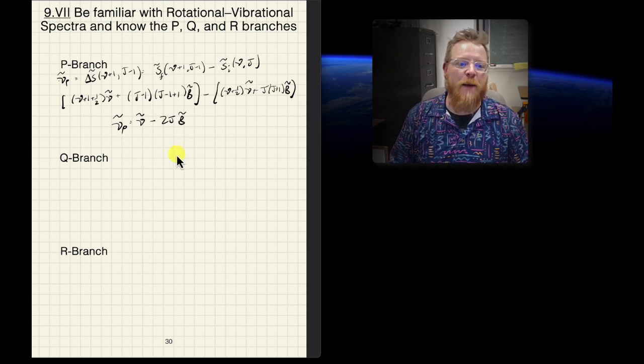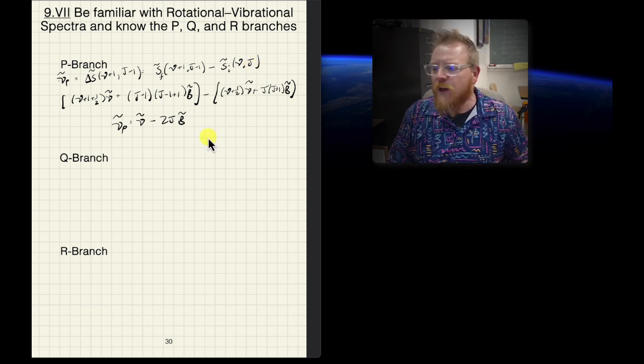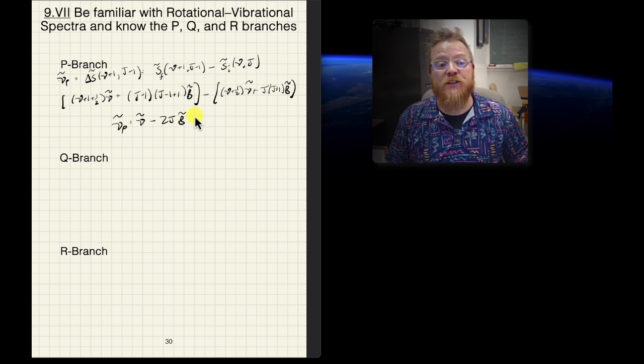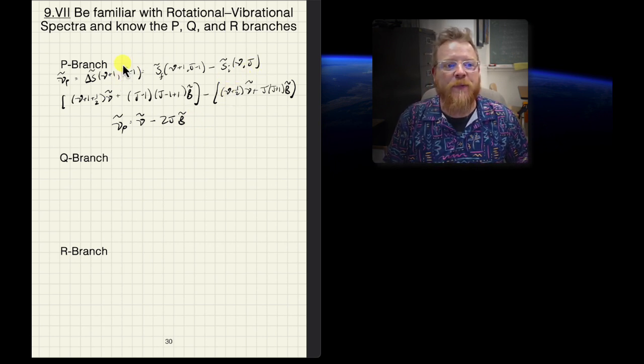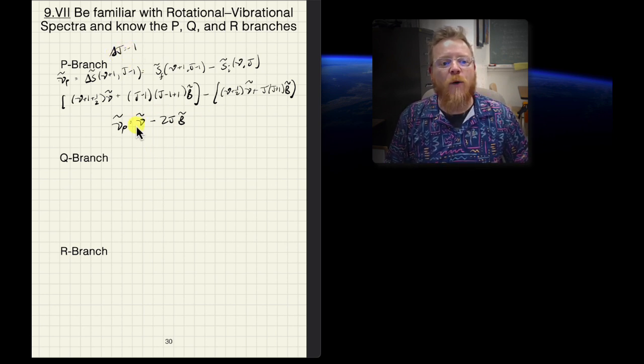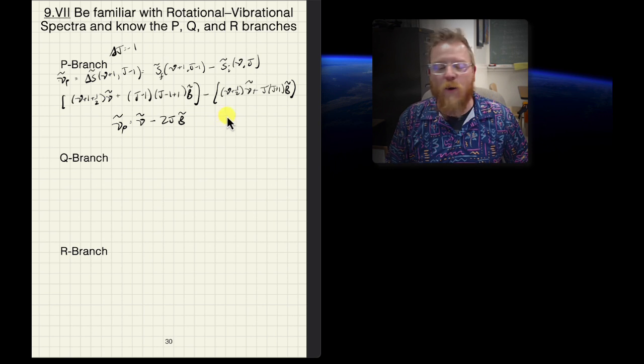So for example, let's suppose for my first J value, J equals 0. The way that this goes, this J value corresponds to the initial value. So the initial value for this transition would be J equals 1, right? That's the only way I can get a delta J of -1. So now from this, I'll get a series of lines that go as the following.